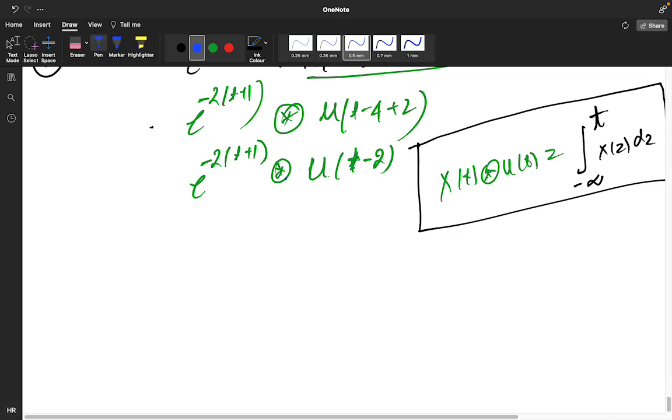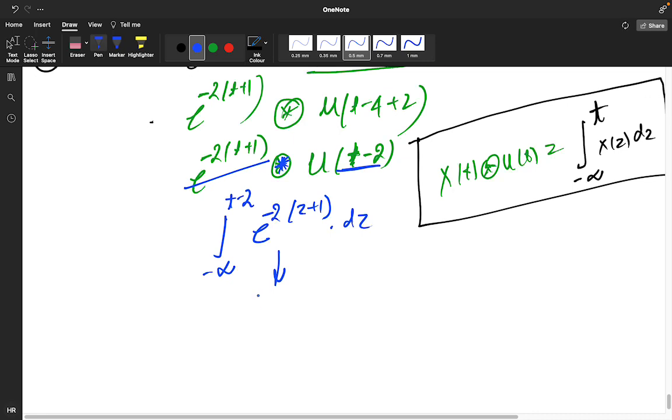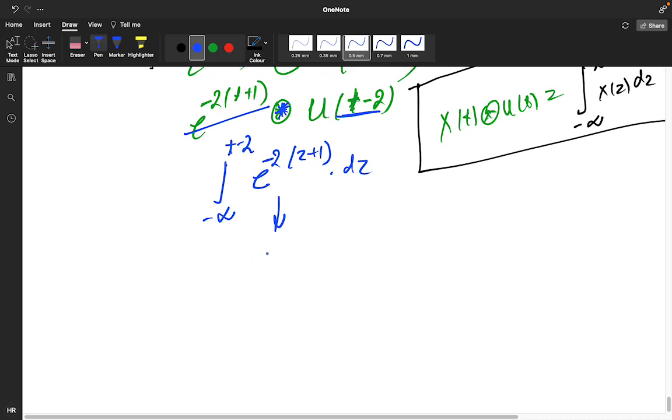Here also the step function convolution is there, so from minus infinity to whatever t is present. So t is my t minus 2, and x of tau is e power minus 2 tau plus 1 d tau. So when you integrate this function, what value will you get?